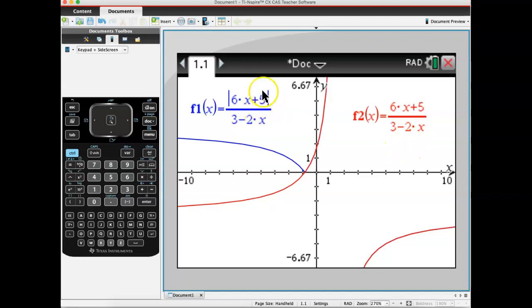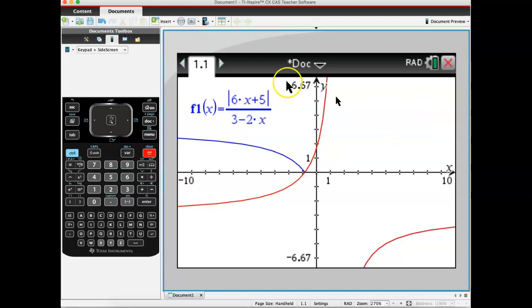But remember, as soon as I plug in an x that is less than negative 5 over 6, solve that for 0 in your head, it's going to turn this numerator negative. But the absolute value pops it out positive, and when I'm putting any negative number in here, that makes my denominator positive. So from that negative 5 over 6, it's cutting this little chunk off right here, and it's saying, you have to stay positive, and that's why it bounces off of there, and it goes up.